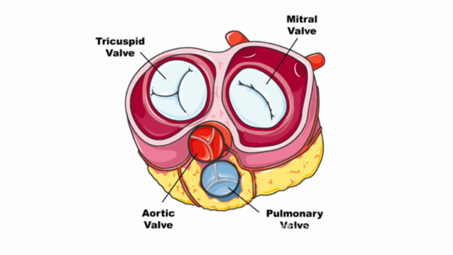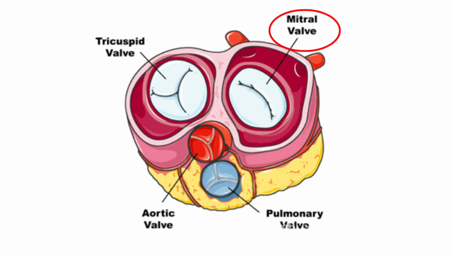The opening between the right auricle and right ventricle is guarded by a tricuspid valve, which forms three muscular flaps or cusps. In the same way, the opening between the left auricle and the left ventricle is guarded by a bicuspid valve, which contains two muscular cusps.